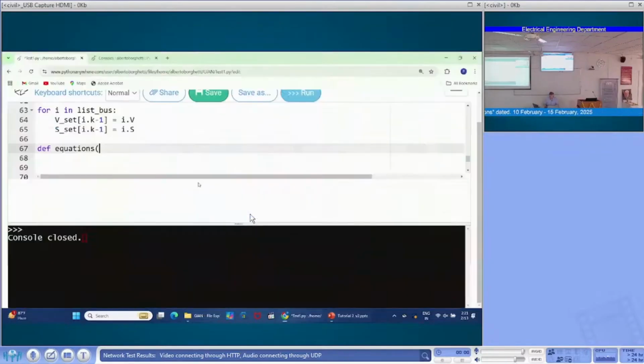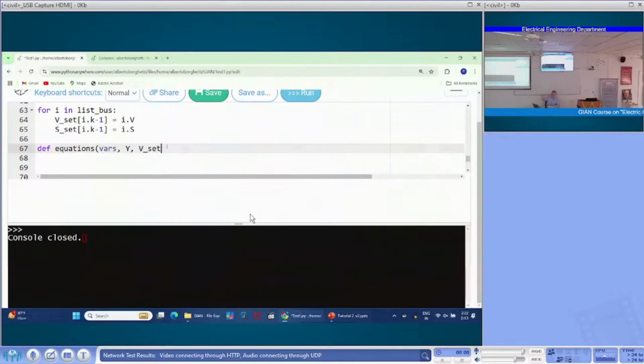So for this, we need that our equation has some variables. So we need mandatory to have that this is a thing that we need to say to our equation, that are those things that need to be calculated. So these are vars, but the others are the parameters, and probably one of the parameters will be the admittance matrix, and also we need the voltage that is set.